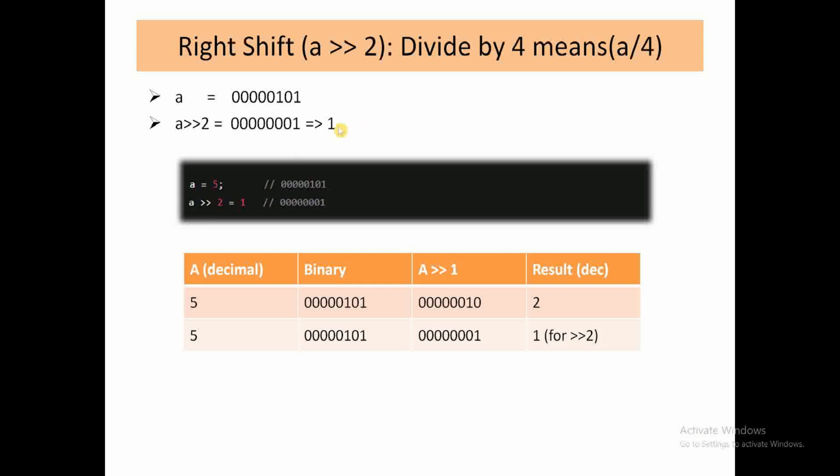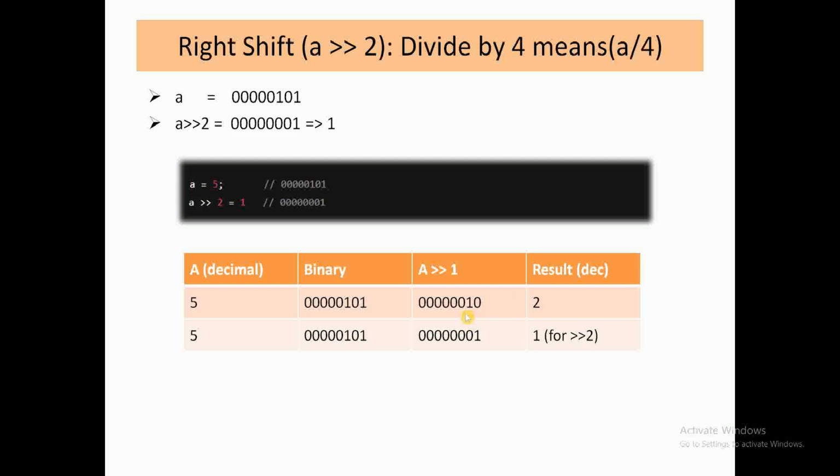So here is the 1 value we get. Here we have the example of single shift or double shift. Suppose we are shifting only 1 place, then we have to divide the given number by 2, not by 4. If we divide the given number by 2, then we get 2 in the result.